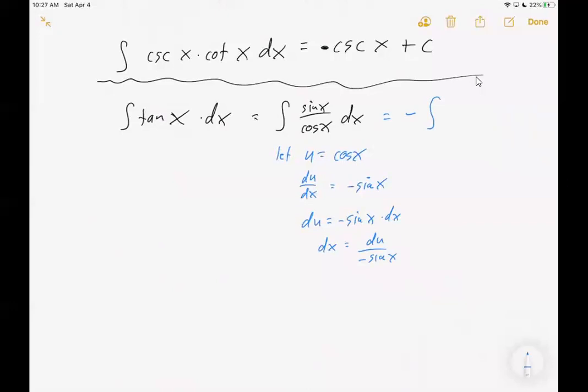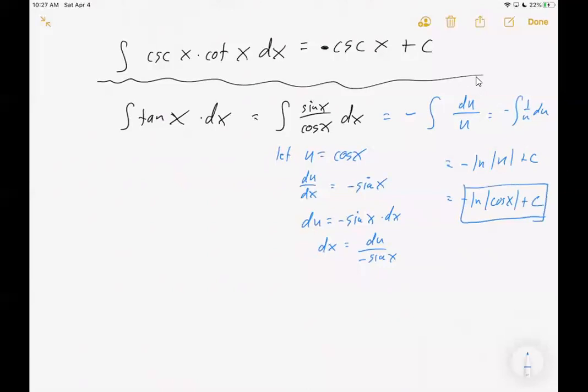So that cancels out, and we have a du over u, or if you like, negative integral of 1 over u du. You should be comfortable either way. So that has to be equal to negative ln of absolute value of u. And therefore, since u was cosine of x, this is negative ln of absolute value of cosine of x plus c.